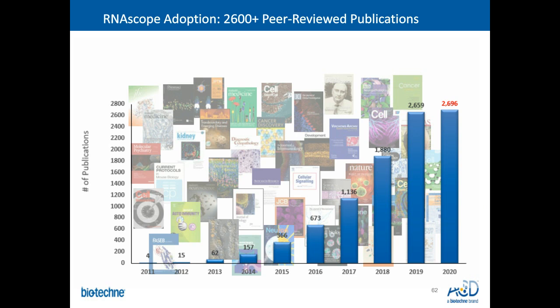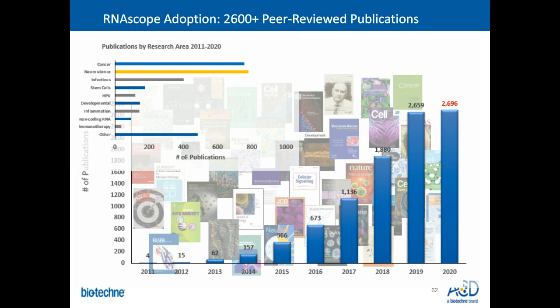Finally, here we show how well adopted our technology is and how we've grown in the last few years. As of today, we have over 2,600 publications in different research areas. Cancer and neuroscience are our top research areas with over 800 plus publications in each of these research areas.